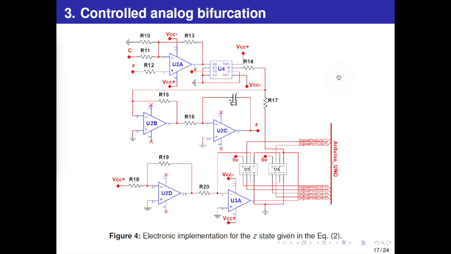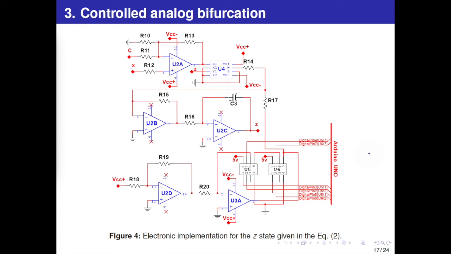Here is the schematic for the parameter. Pay special attention to the components U5 and U6. These are two digital 100 kilo-ohm potentiometers, and they are both controlled by the Arduino Uno embedded system. These potentiometers will control the gain for what will become the specific parameter p.